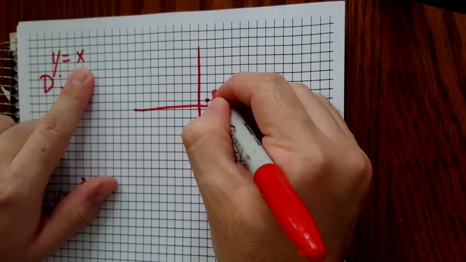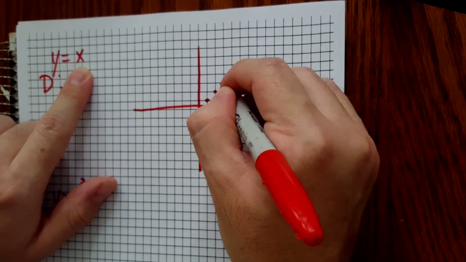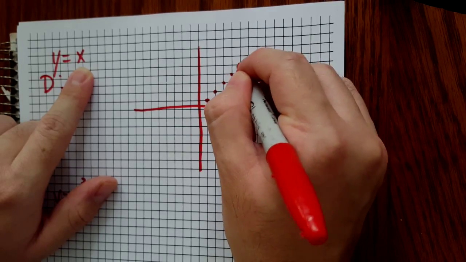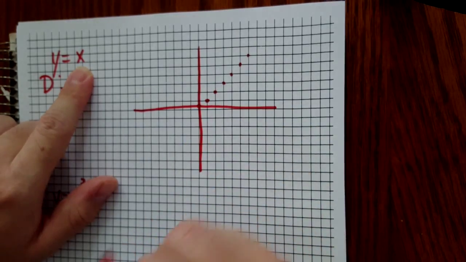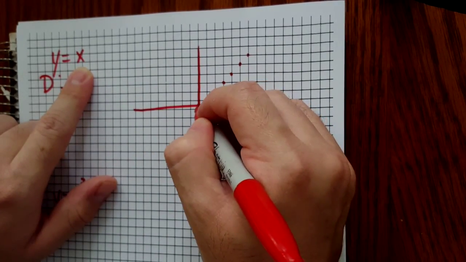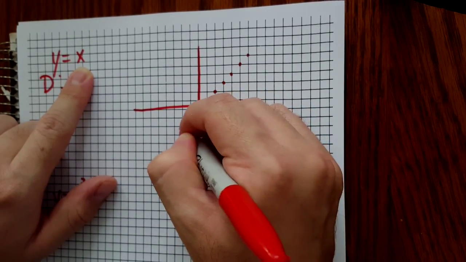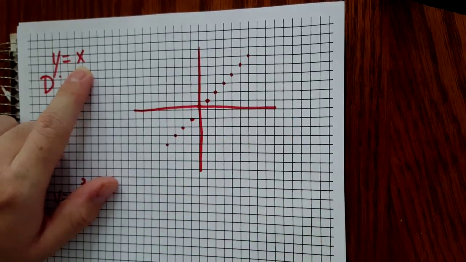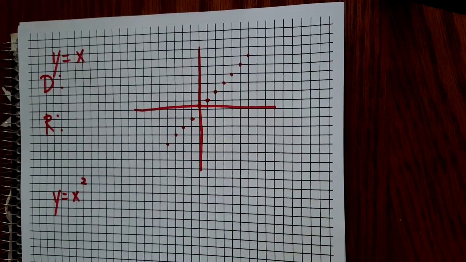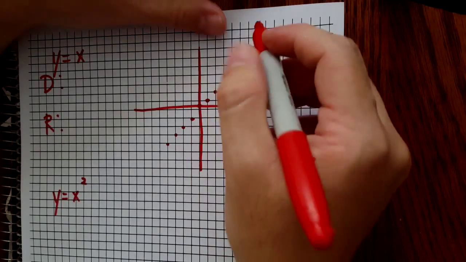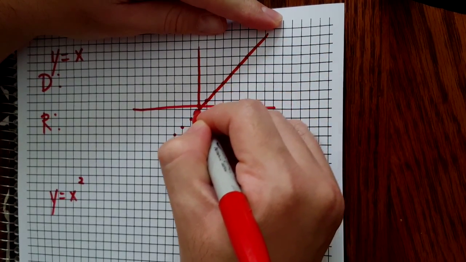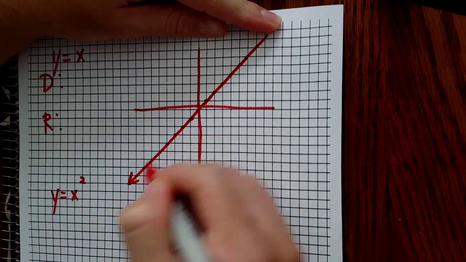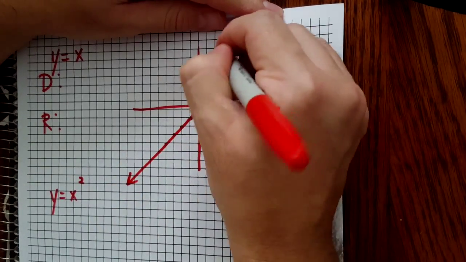And that's going to be true for all of these points. When x is 3, y is 3, 4, 5, and so on. Same for 0. When x is 0, y is 0. And all of the negative values as well. So right there, I have a pretty good picture of what the graph looks like, and I can just draw it in. There's the graph of y equals x.